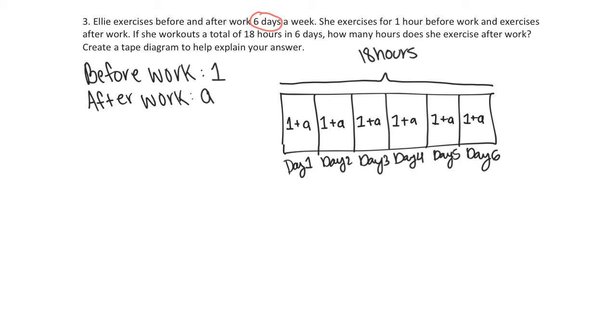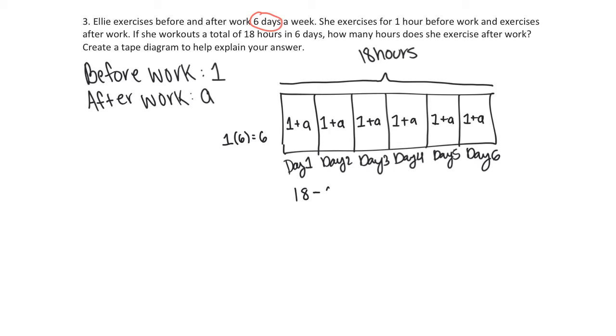Now what I need to do is take my total amount of hours that she works out, which is 18, and subtract the amount of hours we know she works out in the morning. Every morning she works out for 1 hour, and we multiply that by 6 for our morning weekly total of 6 hours.